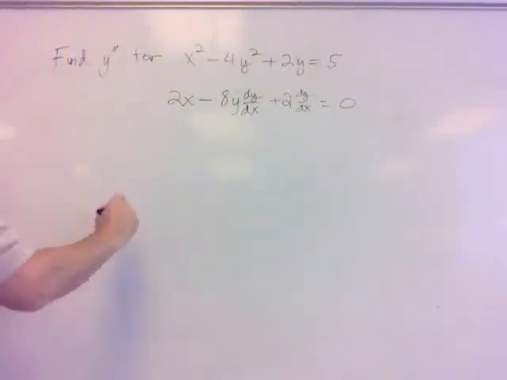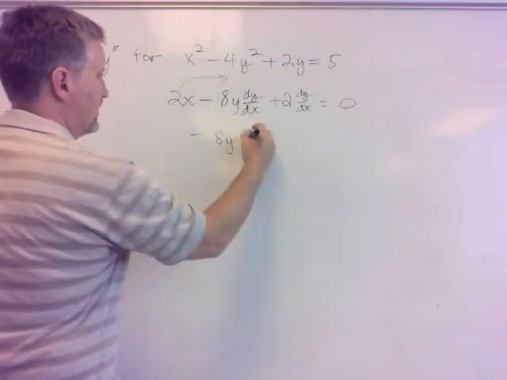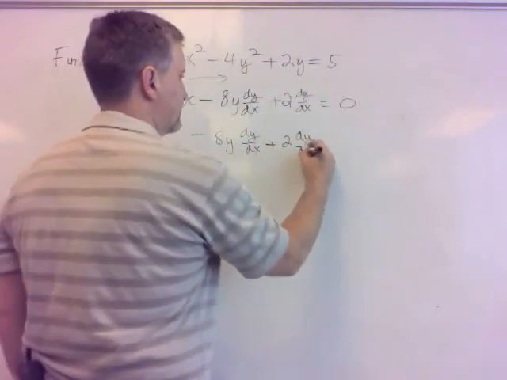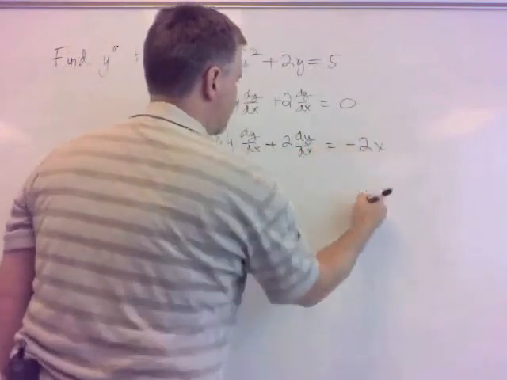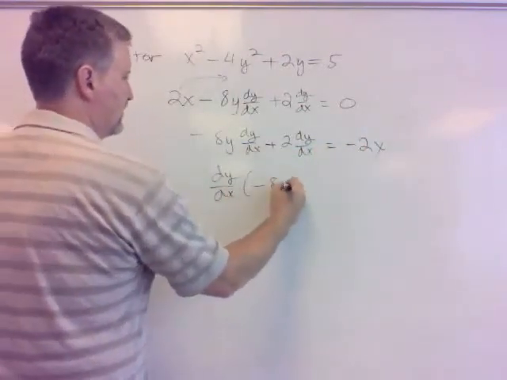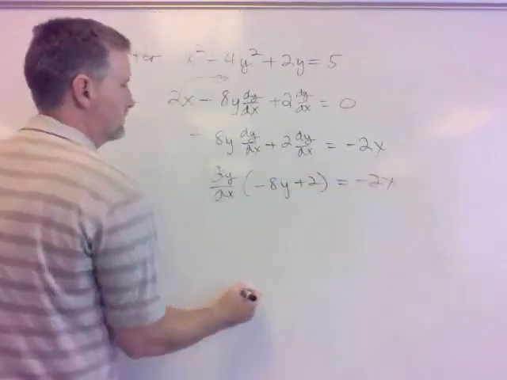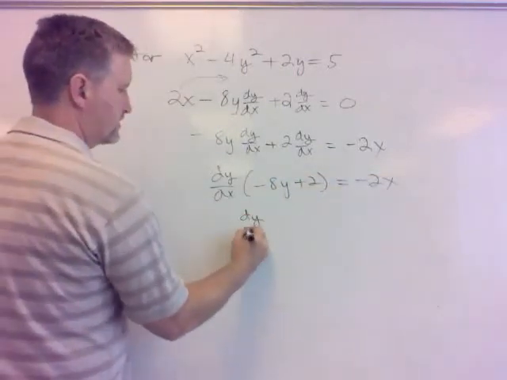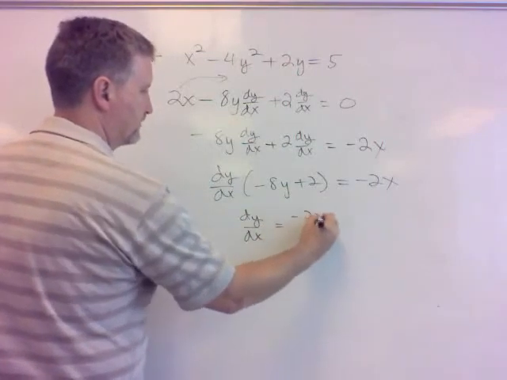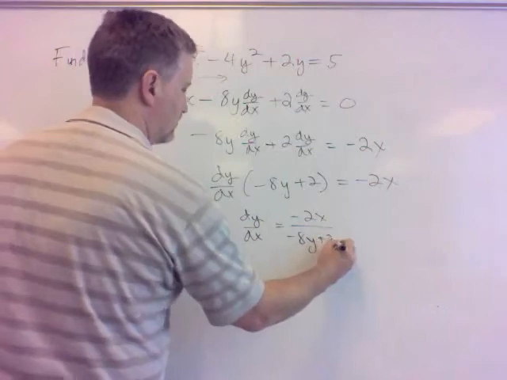Okay? So we got to move 2x over, so we have minus 8y dy/dx plus 2 dy/dx equals negative 2x. Factor off the dy/dx on the left. We have negative 8y plus 2 in parentheses equals negative 2x. And so dy/dx, divide off the negative 8y plus 2. So we get dy/dx equals negative 2x over negative 8y plus 2.